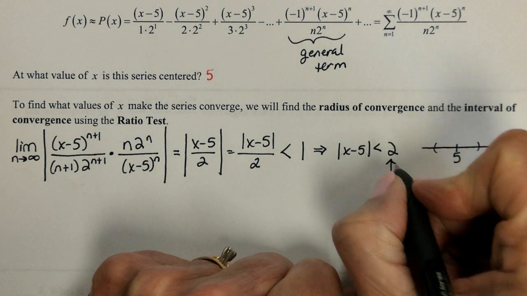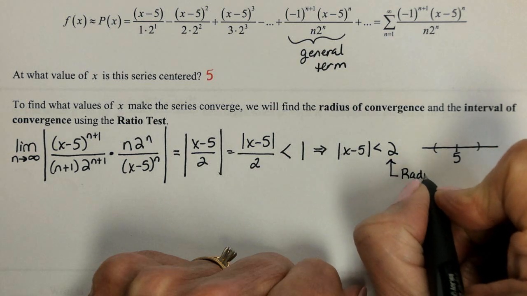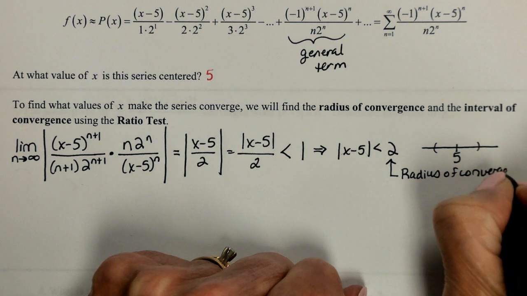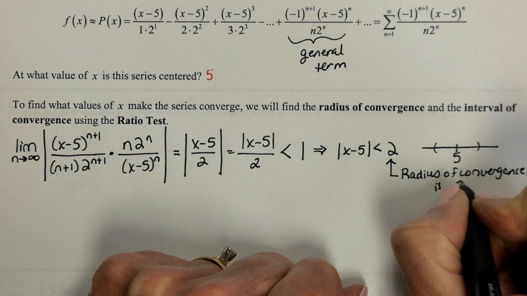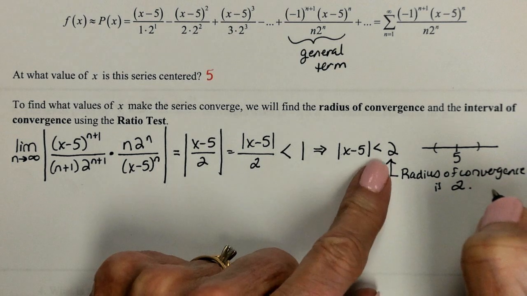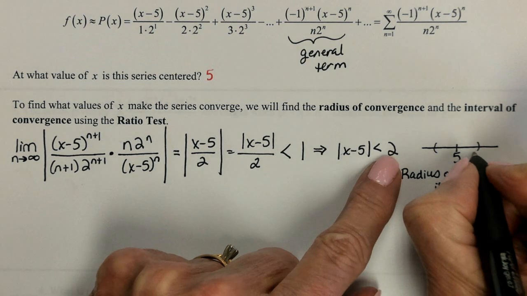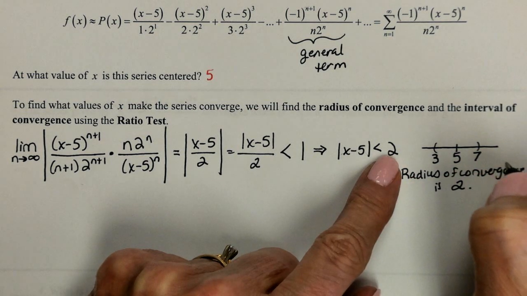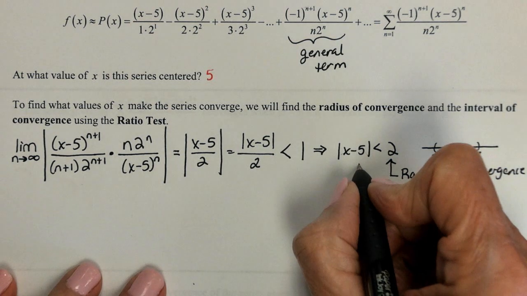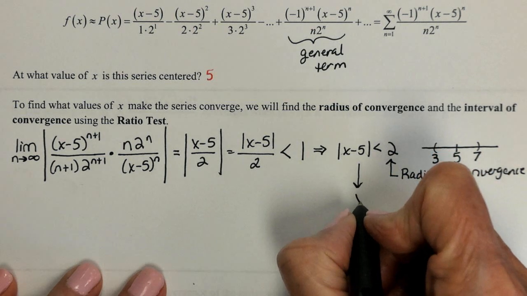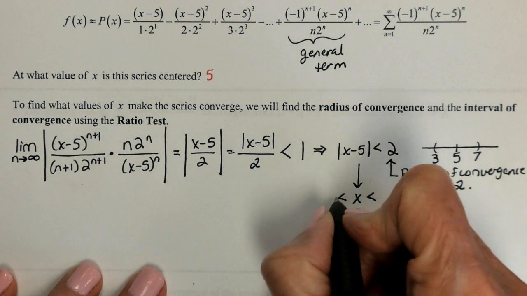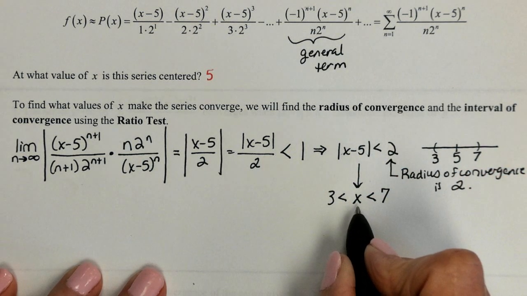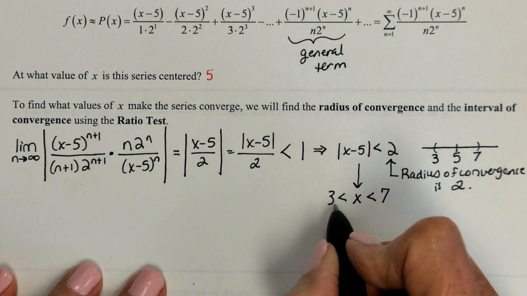This is our radius of convergence. So 2 beyond 5 and 2 in front of 5, 3 to 7. x is between 3 and 7 with 5 right in the middle, and the radius is 2.